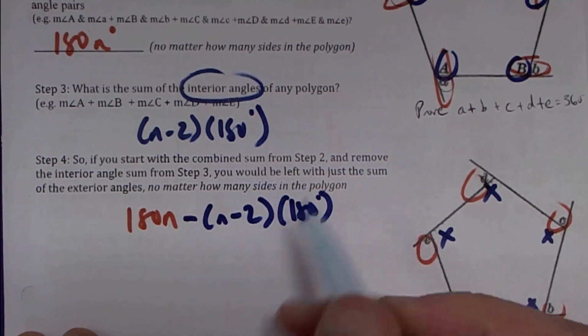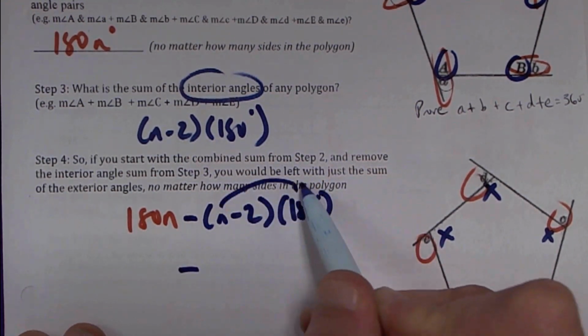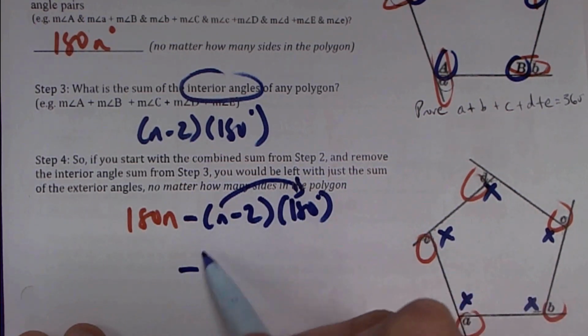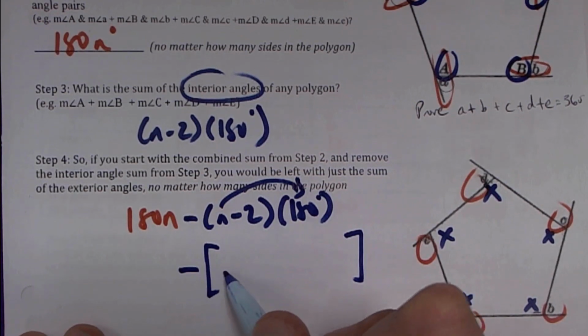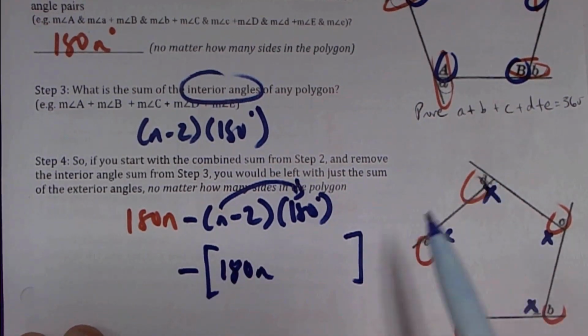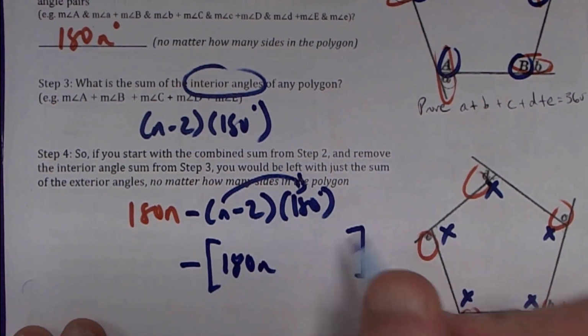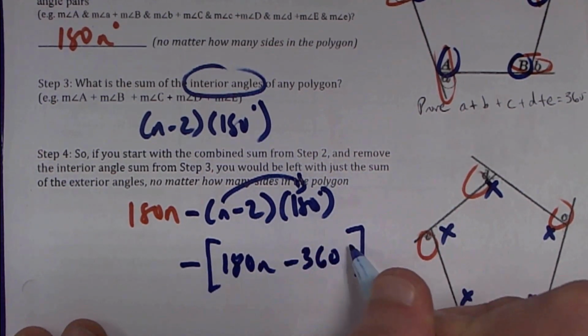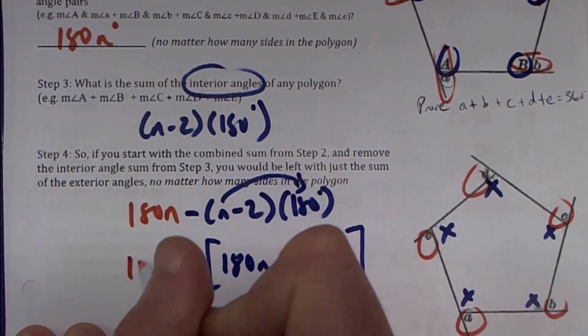Let's do some algebra here. If I distribute, remember this is still minus all of this, so I'll put it in a bracket. So minus 180n, and then minus 2 times 180. 2 times 180 is 360. And then over here I had 180n.